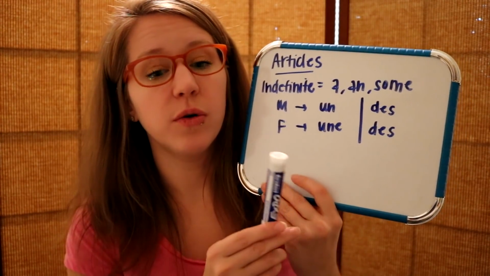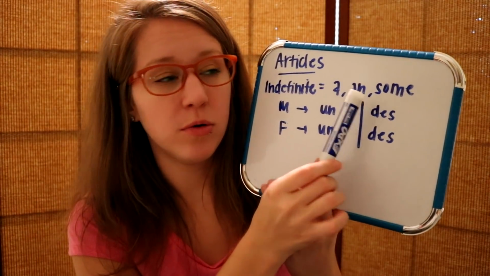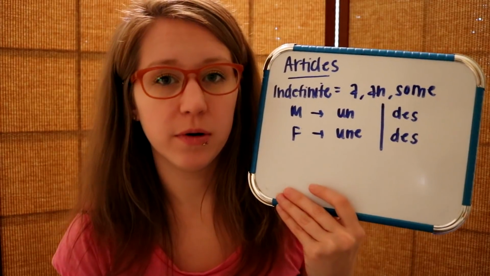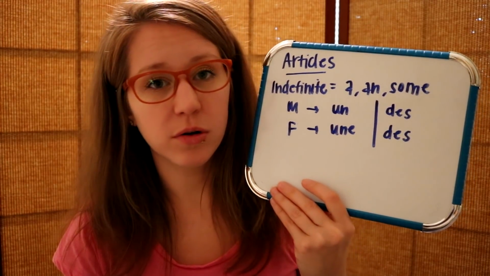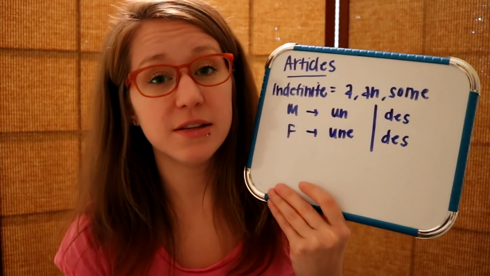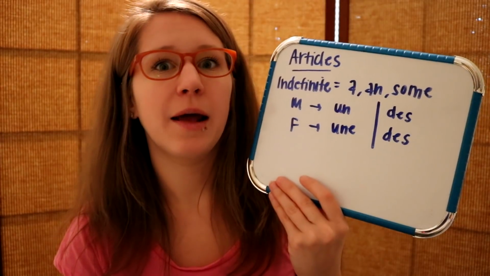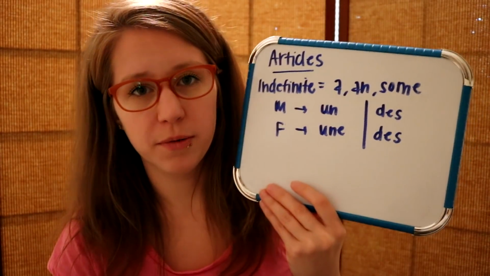I think I said, can I have a newspaper, an apple, or some popcorn? You're not being particular over which newspaper, which apple, or which pieces of popcorn. You just want a newspaper, an apple, or some popcorn.